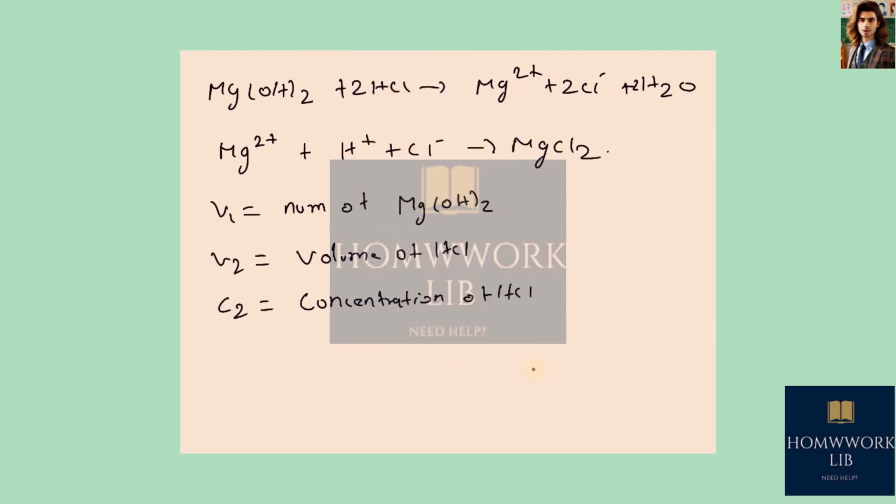Then from the formula V1C1 is equal to V2C2, in which C1 is the concentration of the unknown magnesium hydroxide, the analyte can be found.